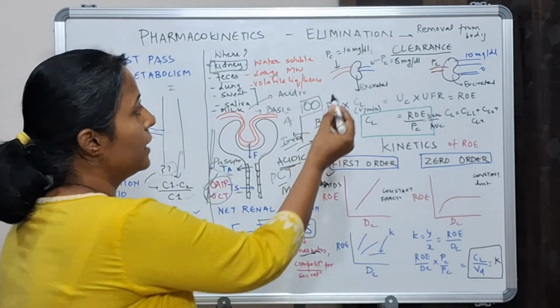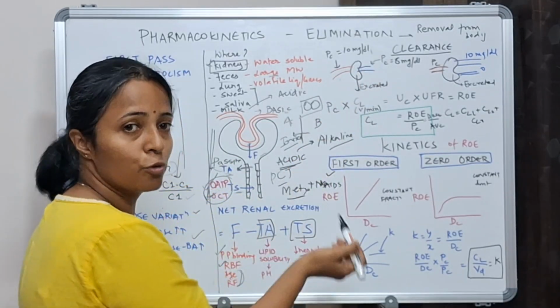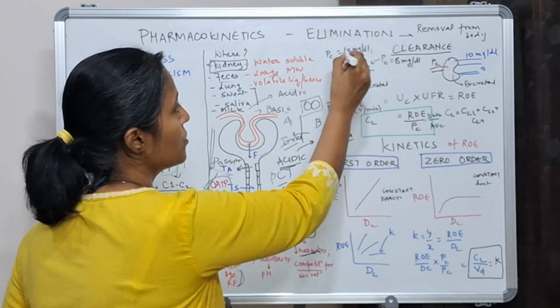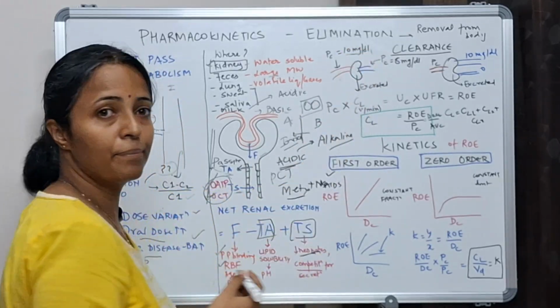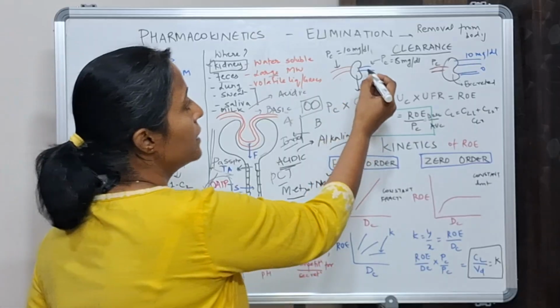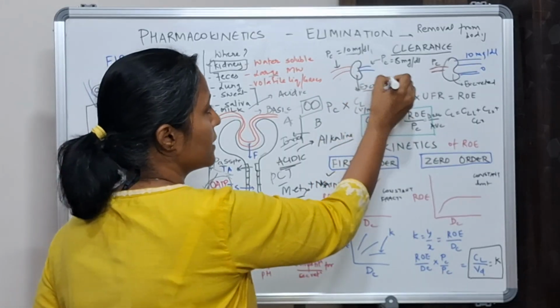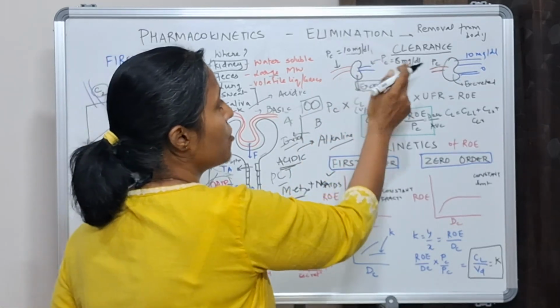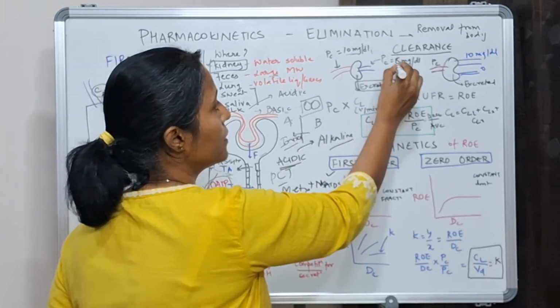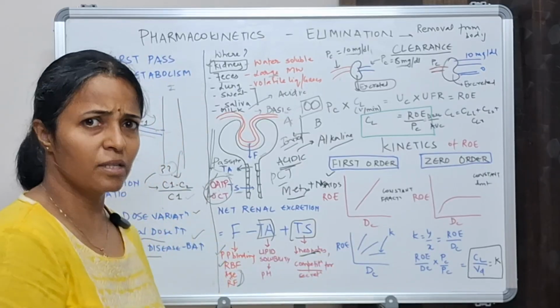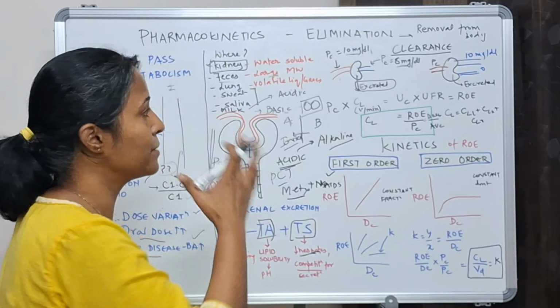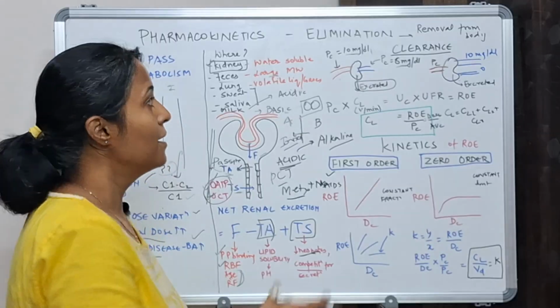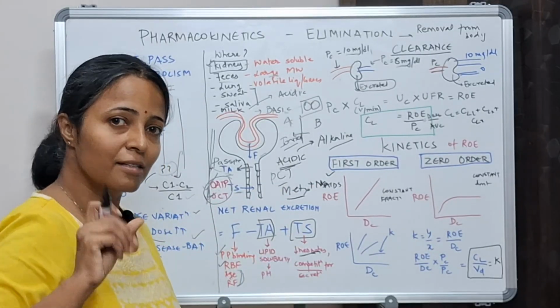See, the blood which is entering into the kidney, suppose the plasma concentration in that blood is 10 milligram per deciliter and some amount of the drug is excreted. Because of excretion, the plasma concentration in the outgoing blood is going to be lesser. This is simple, because some is excreted. But the renal clearance definition is a little bit different.